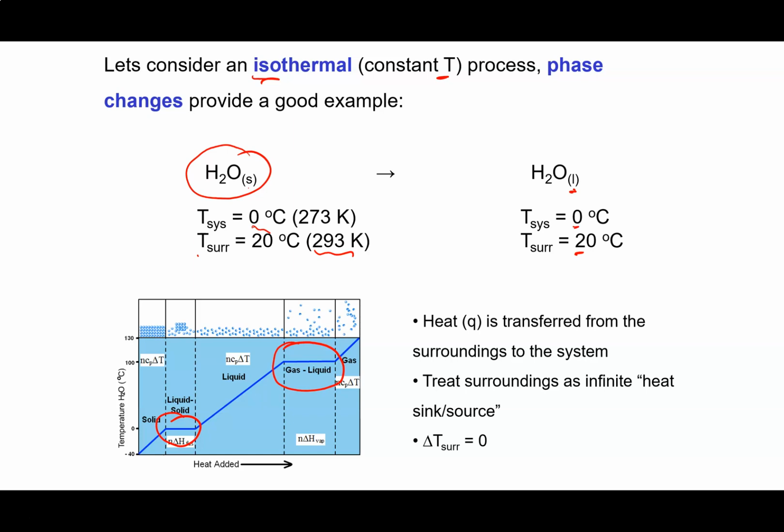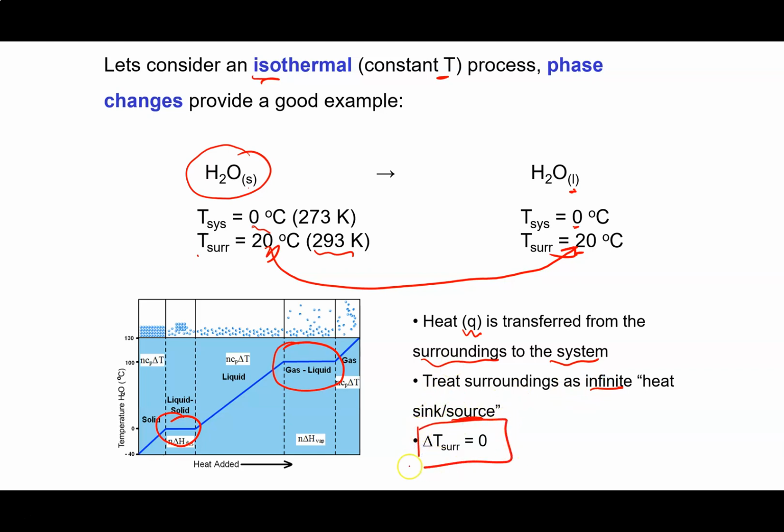So what you're seeing here is that heat is going to be transferred from the surroundings, the warm room, into the system, which is our ice. Now, you can see here that the temperature of the surroundings doesn't change, because we are treating the surroundings as an infinite source of heat.